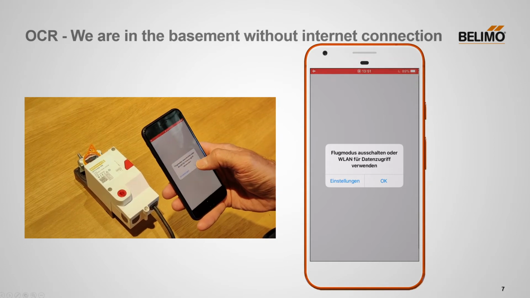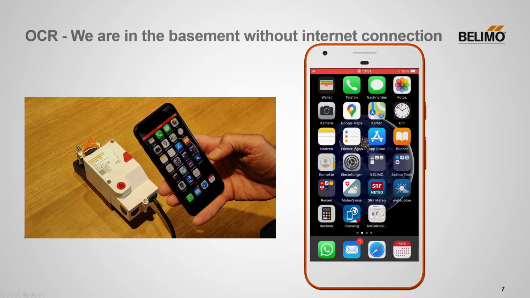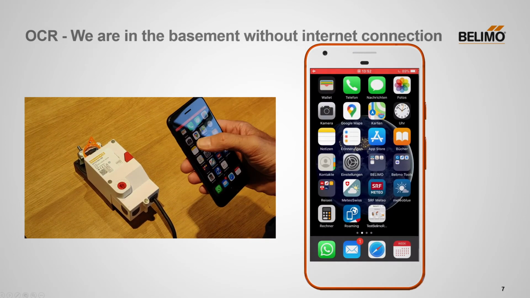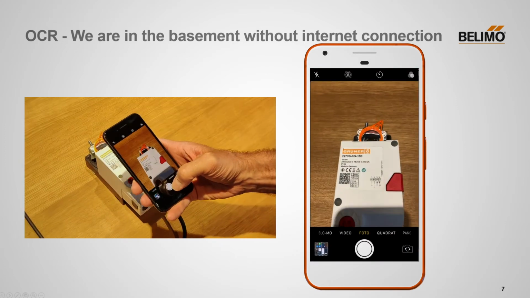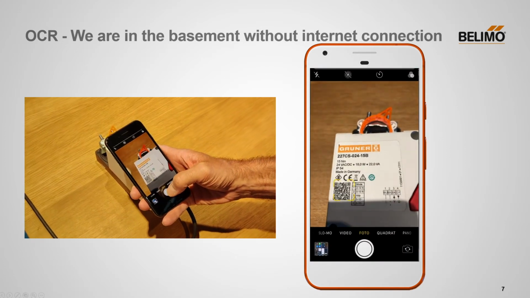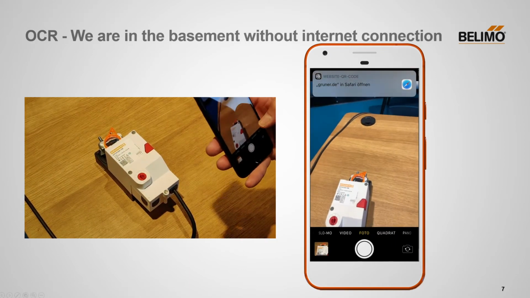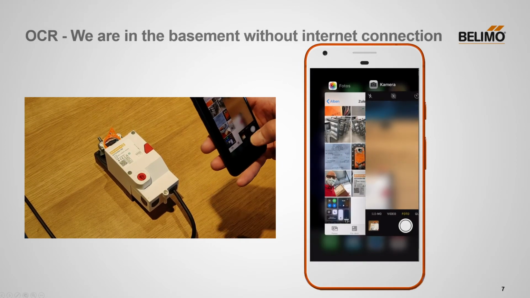I switch to the standard camera app on my mobile. I take photos of the actuator that needs to be replaced. Of course, that could be more than one. Then I start the RetroFIT app.